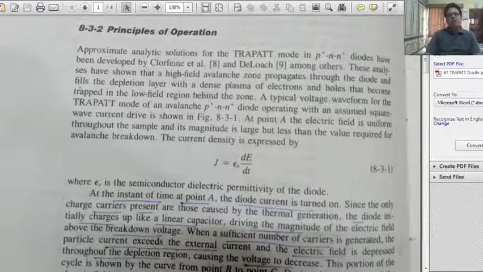These analyses have shown that a high field avalanche zone propagates through the diode and fills the depletion layer with a dense plasma of electrons and holes that becomes trapped in the low field region behind the zone.